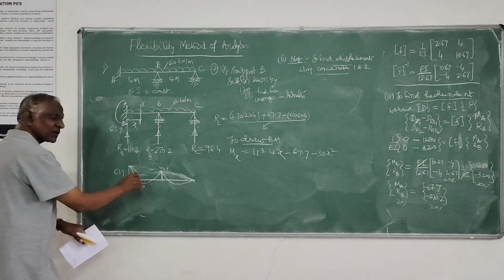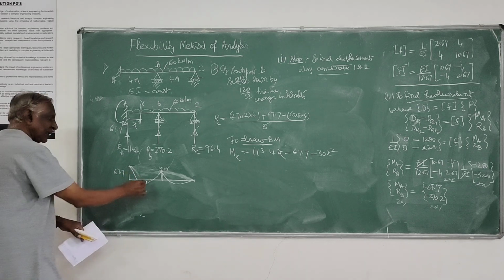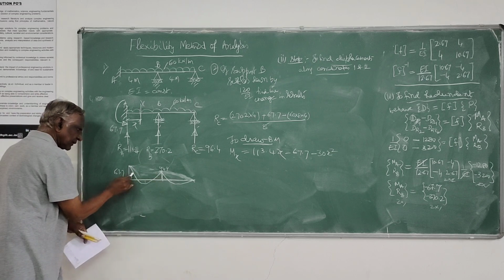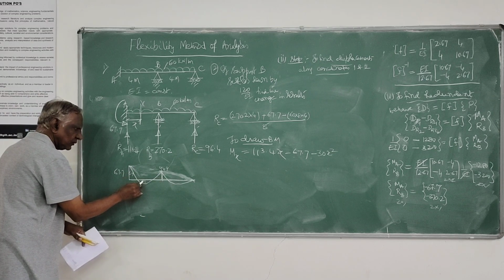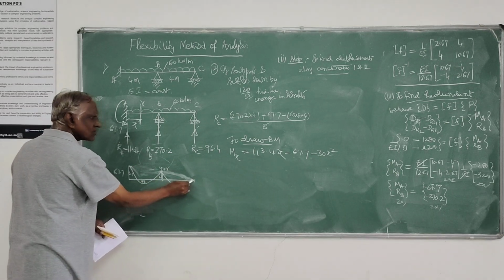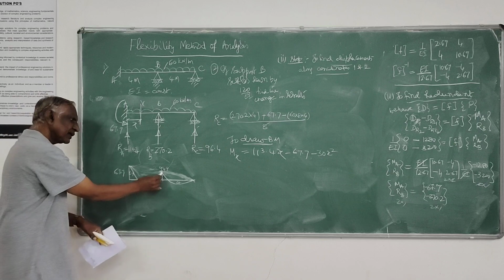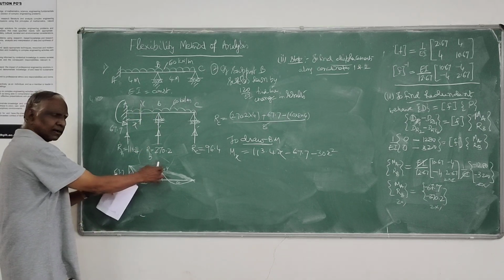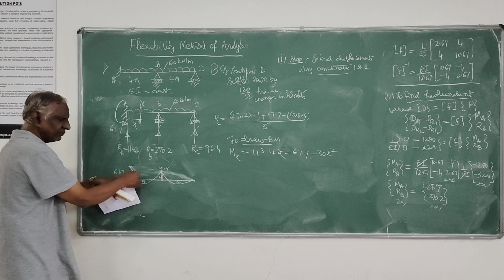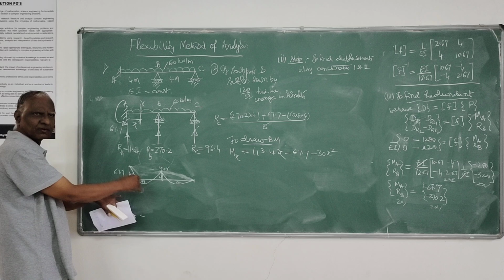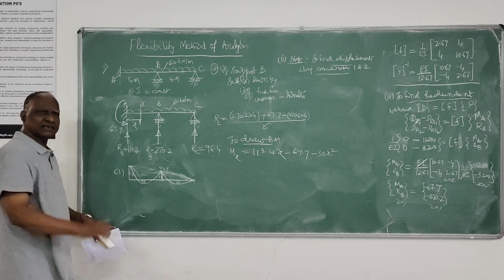You have to get some positive moment at some point, then automatically it will be 0. You may get the bending moment diagram in this fashion. This is negative, this is positive, negative, positive. Here of course it has to be 0. Here it has to be negative because it is an intermediate support, and in between there should be a positive quantity. So that you can check out.